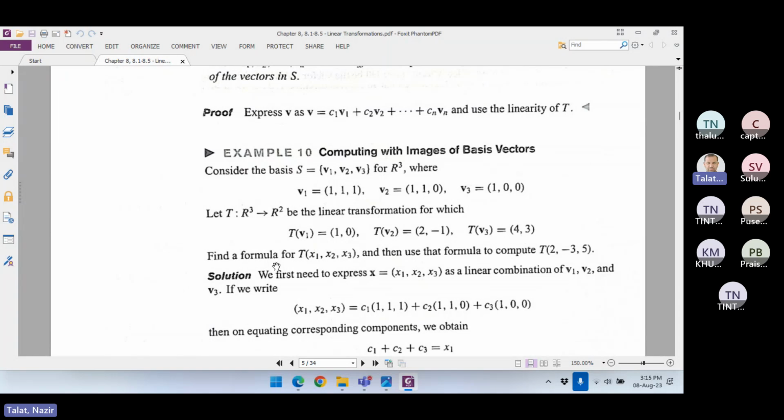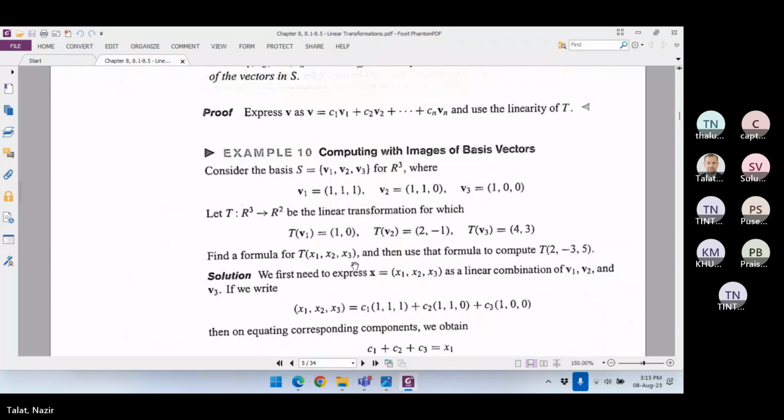Then the question is, what is the general formula of T(x1, x2, x3)? And moreover, by using this formula, compute a value, for example T(2, -3, 5). We can find this value by the formula when we compute it.